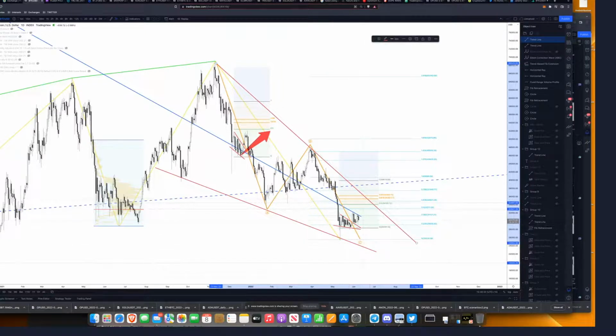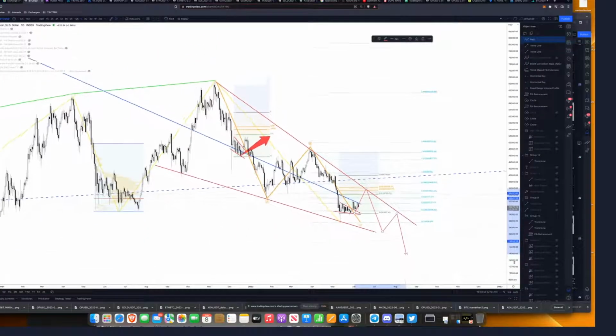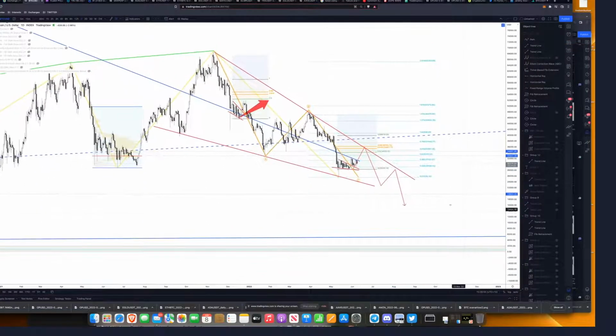Again, if it's a scenario where we hit that trend line and back down again, this is going to be a difficult stage of trading. This is what can happen, it drops and it goes really down. That's possible in a bear market.